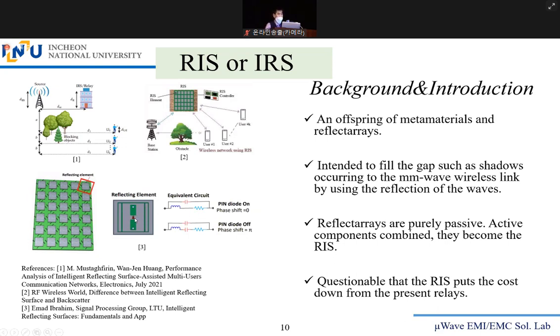So you need a switch here. But you can imagine how expensive or how power consuming that element or the system will be, because each of these elements should be connected to the bias lines and the control box. Oh, that's hard to imagine from the budget I have.